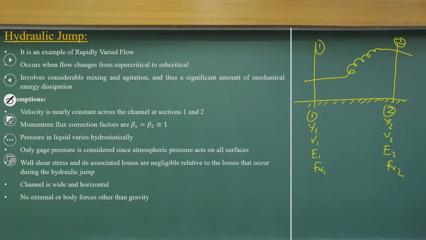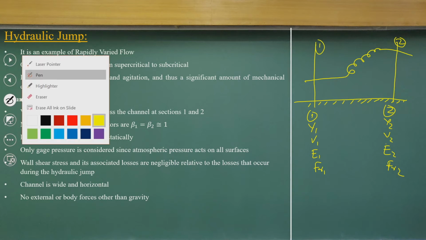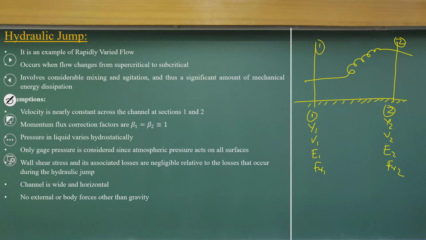So, we need to use a control volume to solve this problem. I consider a control volume like this. This is my control volume. I need to know the assumptions, as we did. First, the pressure distribution is close to hydrostatic conditions.